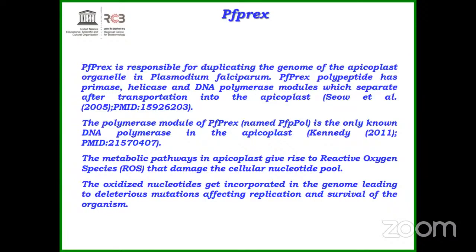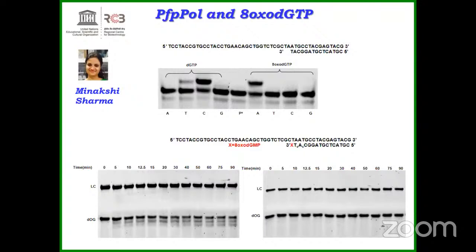And we wanted to see what would happen regarding PfPPol DNA synthesis activity in the presence of 8-oxo-dGTP. So what Meenakshi was able to show is that the polymerase enzyme does add 8-oxo-dGTP opposite dA on DNA, but it has a proofreading exonuclease domain which can remove these wrongly added 8-oxo-dGTPs from the primer.